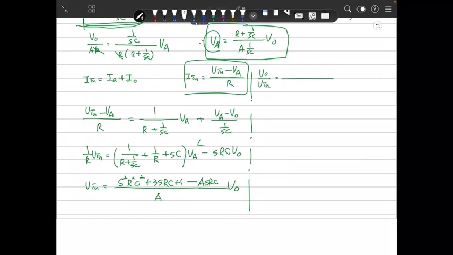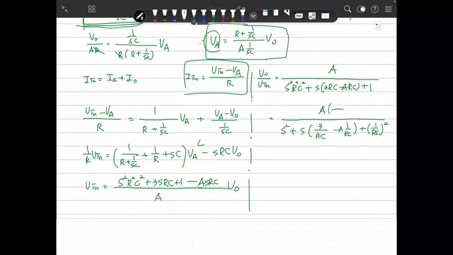And that will be, simplified, S squared R squared C squared plus S 3 RC minus ARC plus 1 and A. And you can simplify: S squared plus S (3 over RC minus A over RC) plus 1 over RC squared, and A over RC squared.